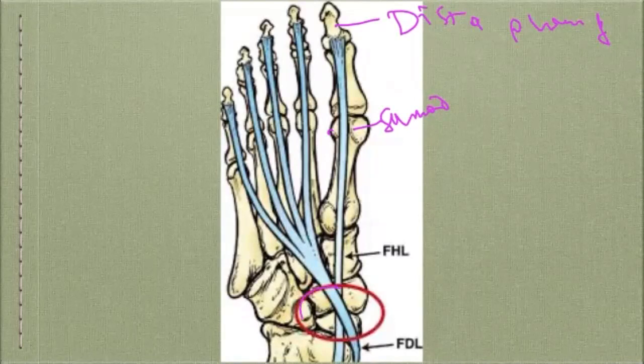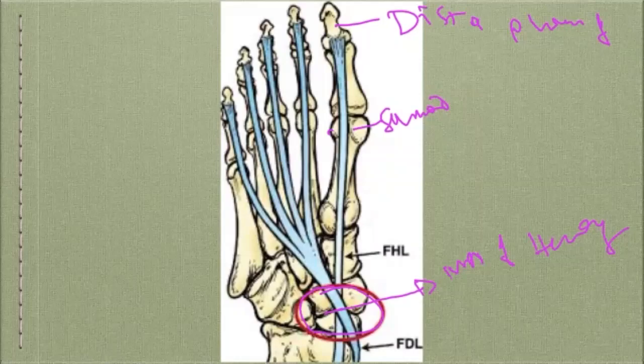If you remember this anatomy, what is this called? This is called the knot of Henry, right.